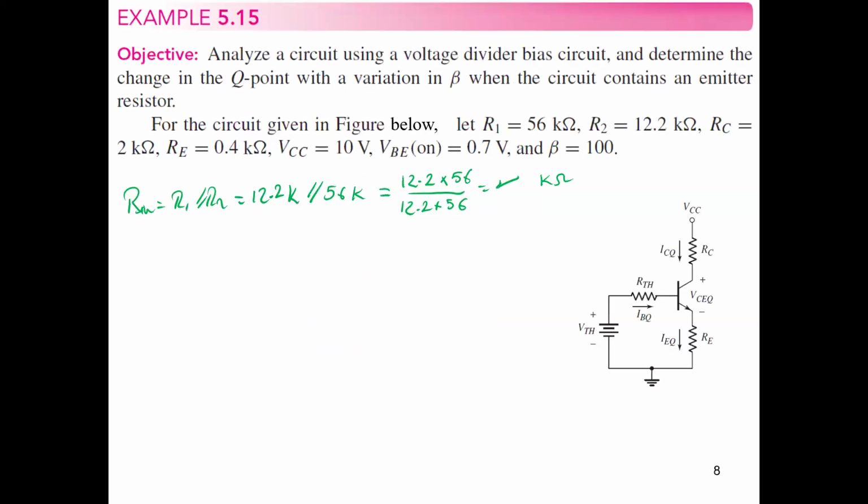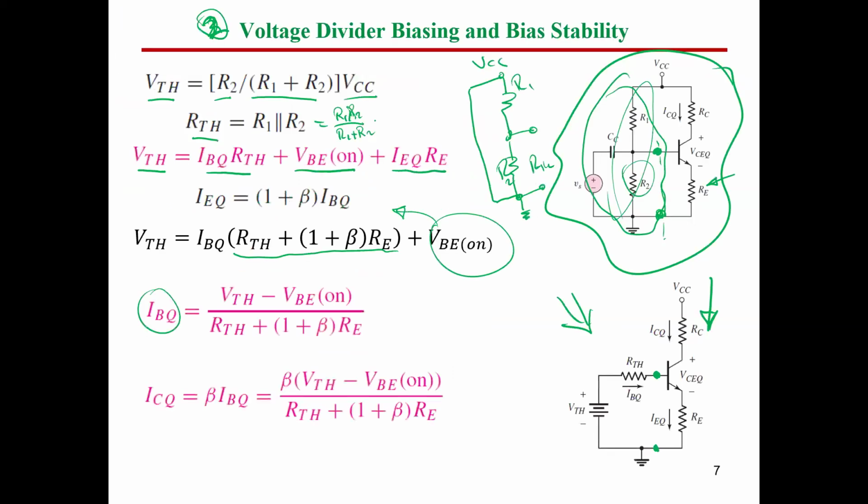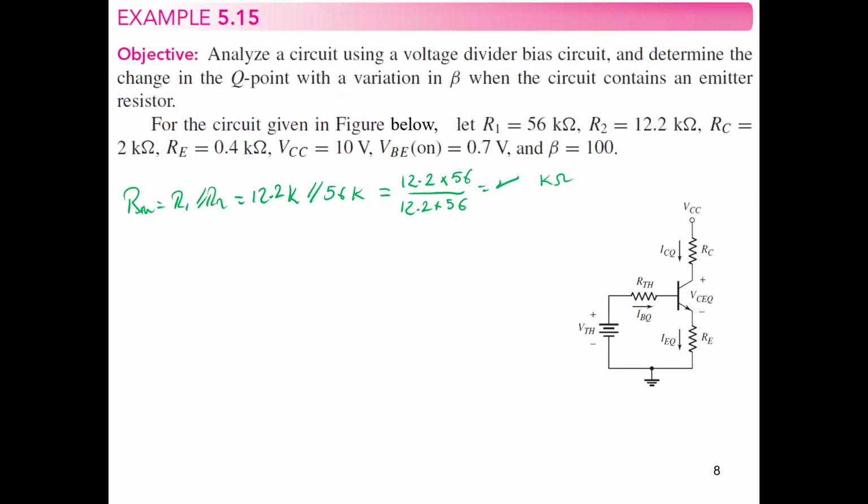Secondly, get V Thevenin. We already derived the relation of V Thevenin. V Thevenin is nothing but the voltage divider rule, so R2 divided by R1 plus R2 times VCC. So V Thevenin equals R2 divided by the summation R1 plus R2 times VCC.